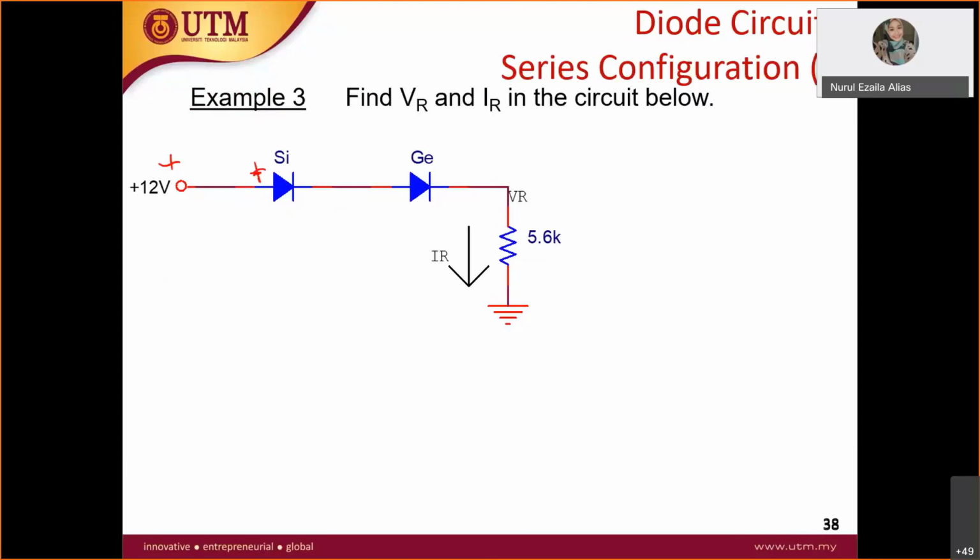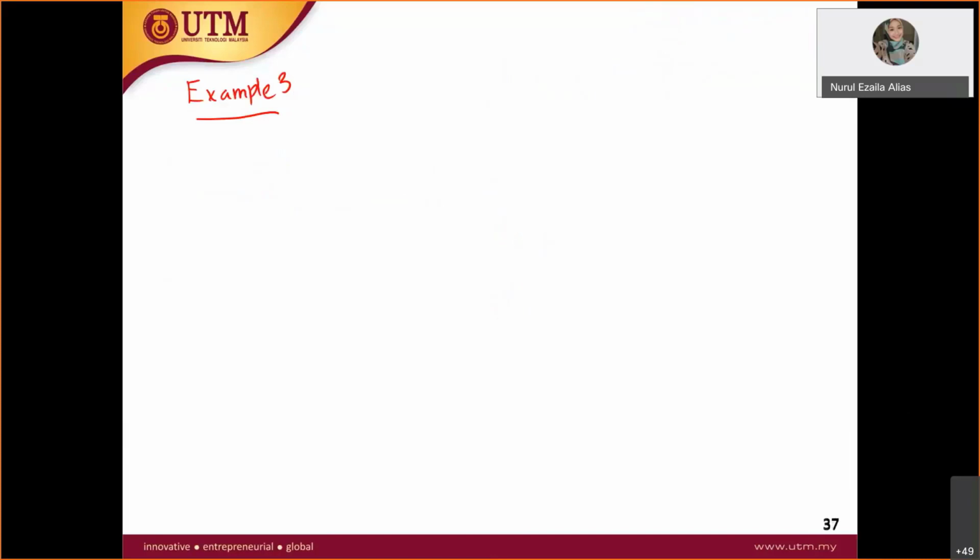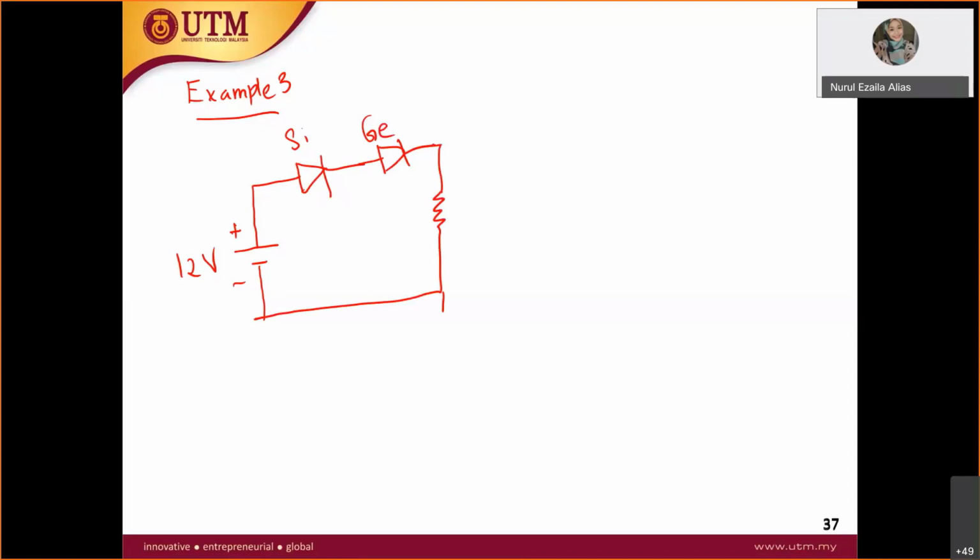You have 12 volt, the other terminal is of course negative, and the silicon diode is connected to the germanium diode, and then you have the resistor here. This is ground.